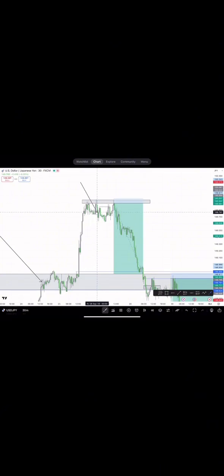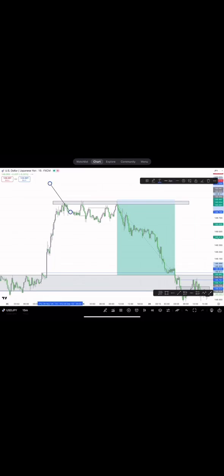Then price made the market structure shift to the downside. Look at it here. Well, let me switch down to the 15 minutes to be clearer. So exactly, look at it. Price made a market structure shift, a pullback, which is our inducement. Then swept the inducement and went to our POI, our point of interest. And then I took the sell.